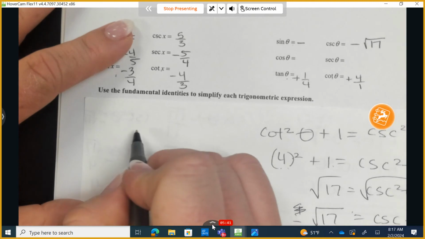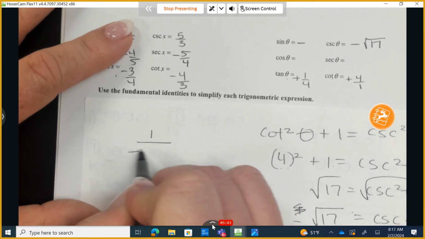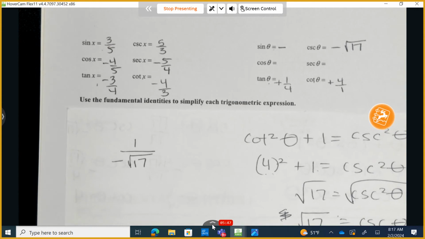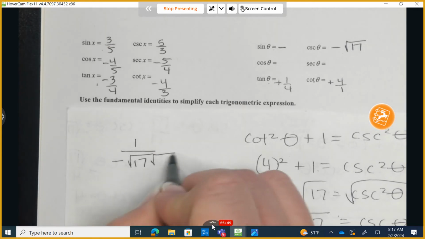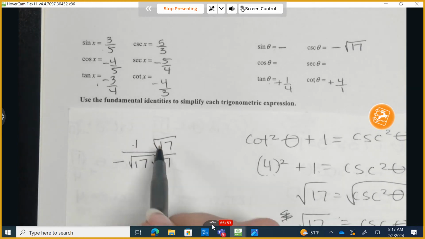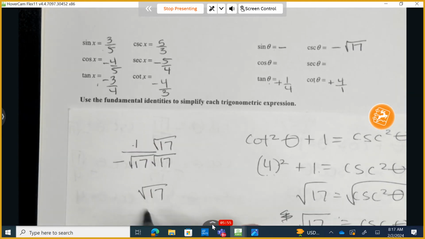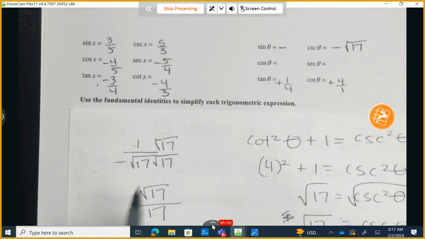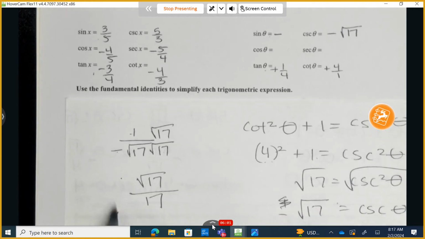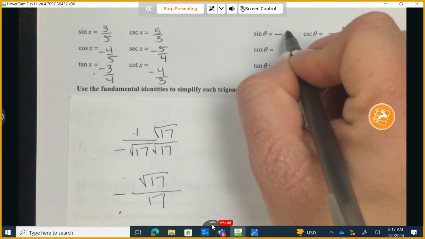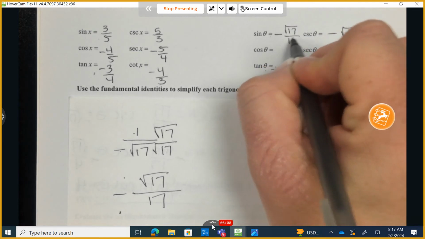The reciprocal is just simply going to be 1 over negative radical 17. Now that's not mathematically wrong, but we have to write it in a proper form. So times radical 17 over radical 17. I have 1 times radical 17, that's radical 17. And square root of 17 times the square root of 17 is simply 17. What do I do with this negative sign? It can go on the top, on the bottom, or in the middle as long as there is 1 negative. So there's my negative square root of 17 over 17.